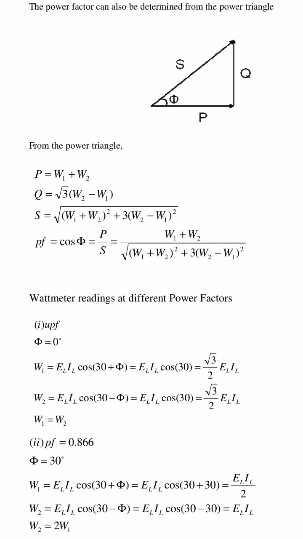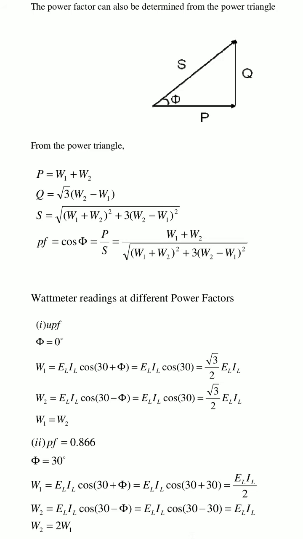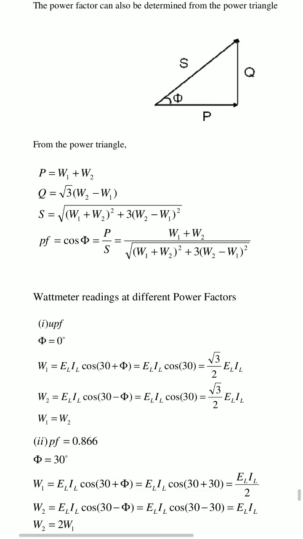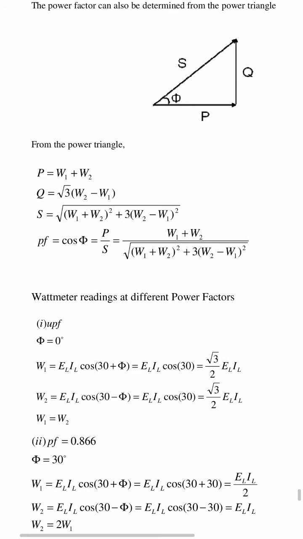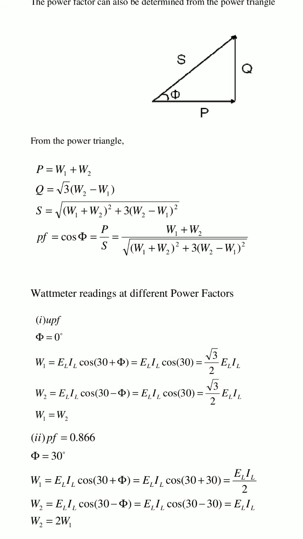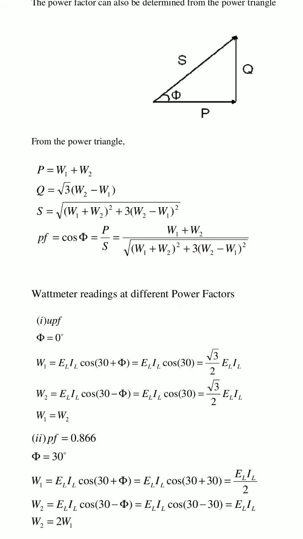So the actual power, that is the watt power, the utilized power, is P. That is along the x-axis, and Q is along the y-axis. The resultant of these two, P and Q, will give S. This is from the power triangle. The phase angle is phi.